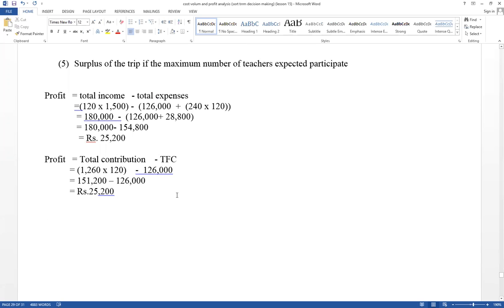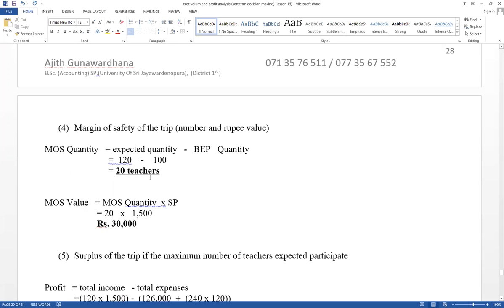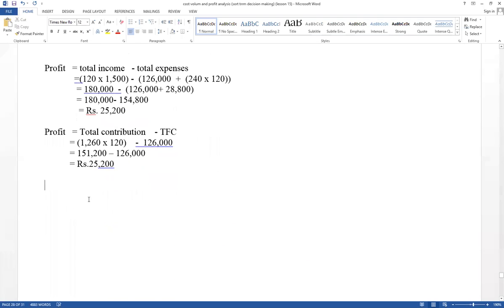And next one, margin of safety quantity is also given. Therefore, profit equals the third equation: margin of safety quantity into contribution per unit. Margin of safety quantity we know.